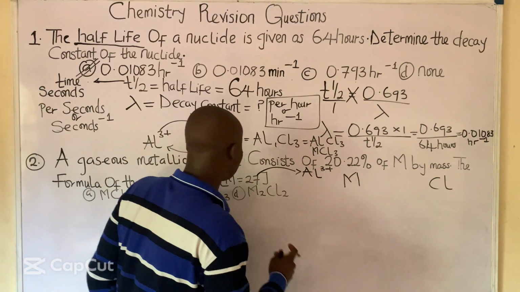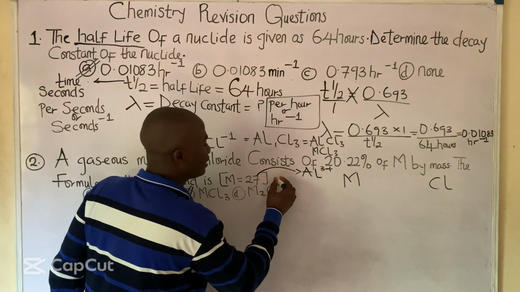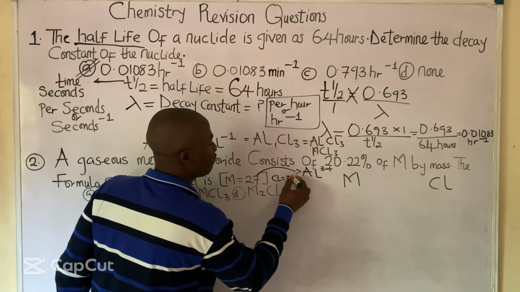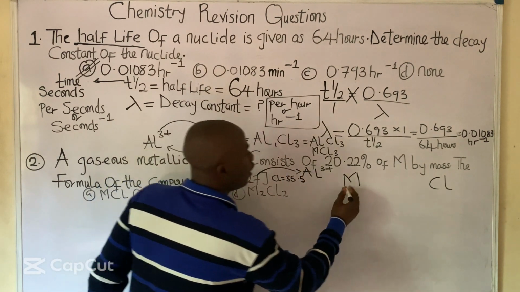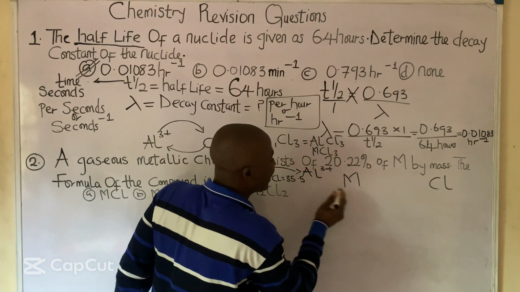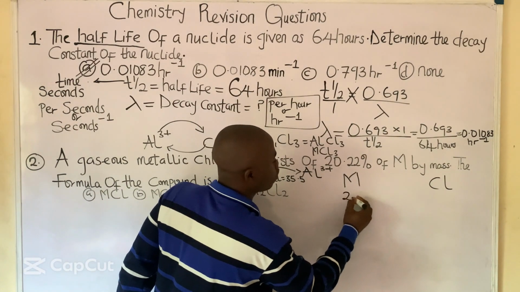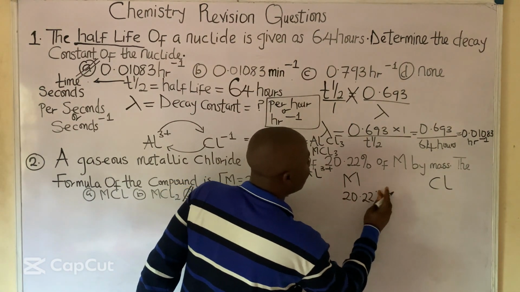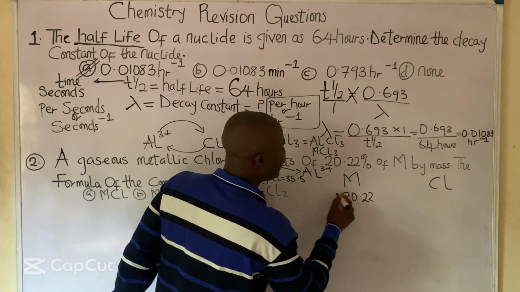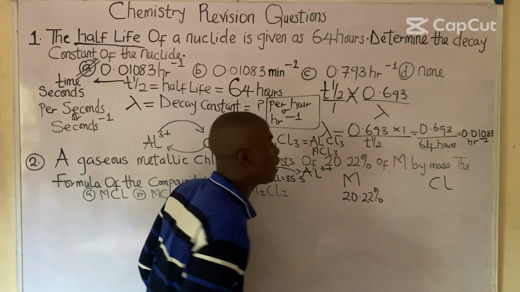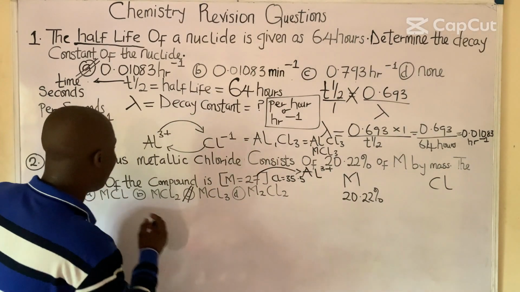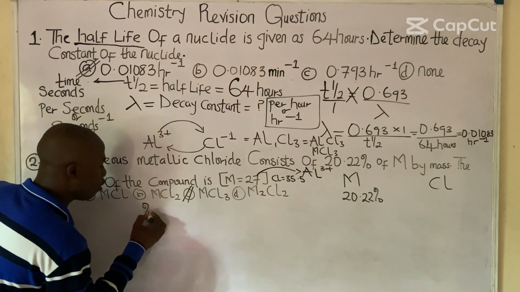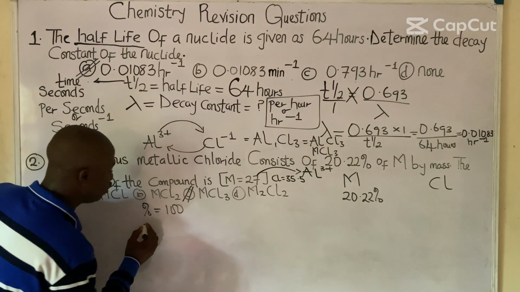Do you get? Next, you have to know that the atomic mass of chlorine is 35.5. This is something you must take note of. According to the question, what was the percentage by mass of M? It was 20.22%. Did they give us the percentage by mass of chlorine? No. Remember, percentage is over what? 100.